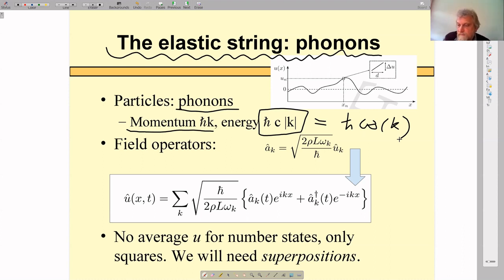So we now call these excitations particles. That is not yet constructive before we actually established the field operator.